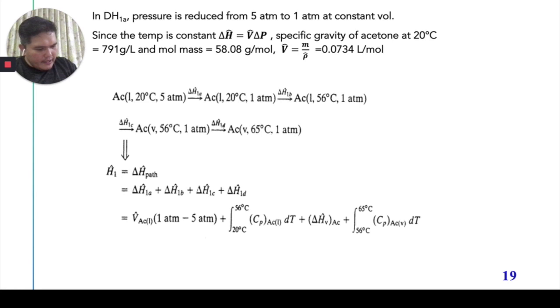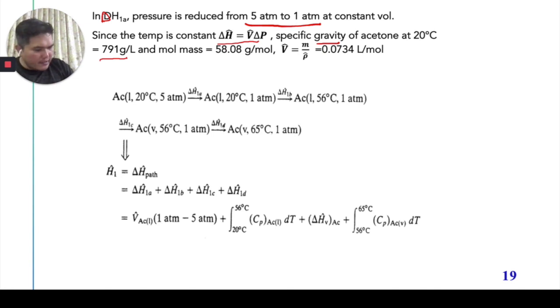This is supposed to be delta H. Pressure is reduced from 5 atm to 1 atm. So we can use the equation delta H equals specific volume multiplied by delta P. We can get the specific gravity from table B1, which is given as 791 grams per liter.